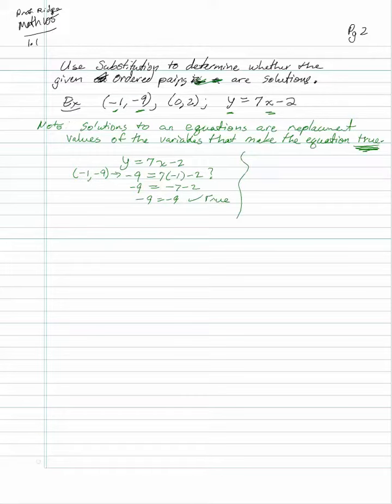Okay, now let's try it for (0, 2). We put in 2 for the y, 0 for the x, and you can see that 2 equals negative 2, that's false.